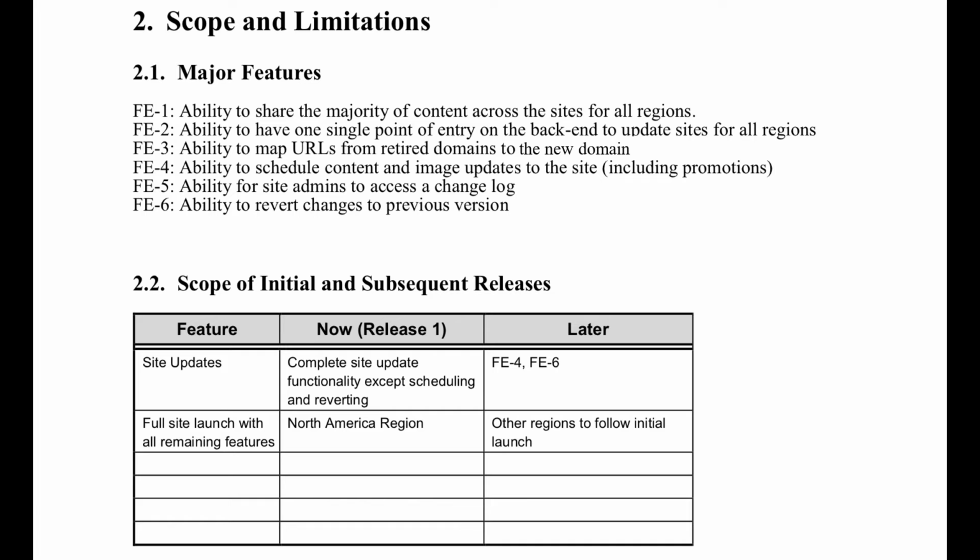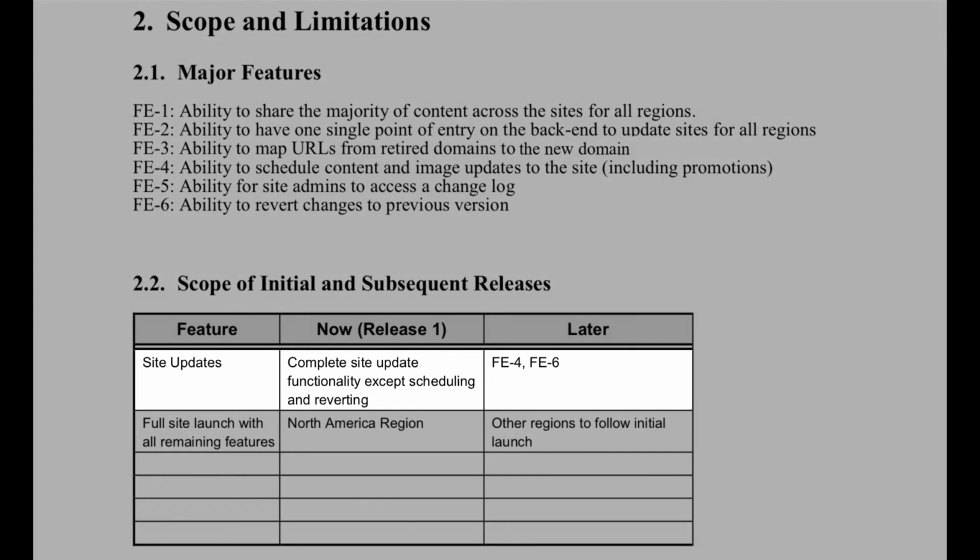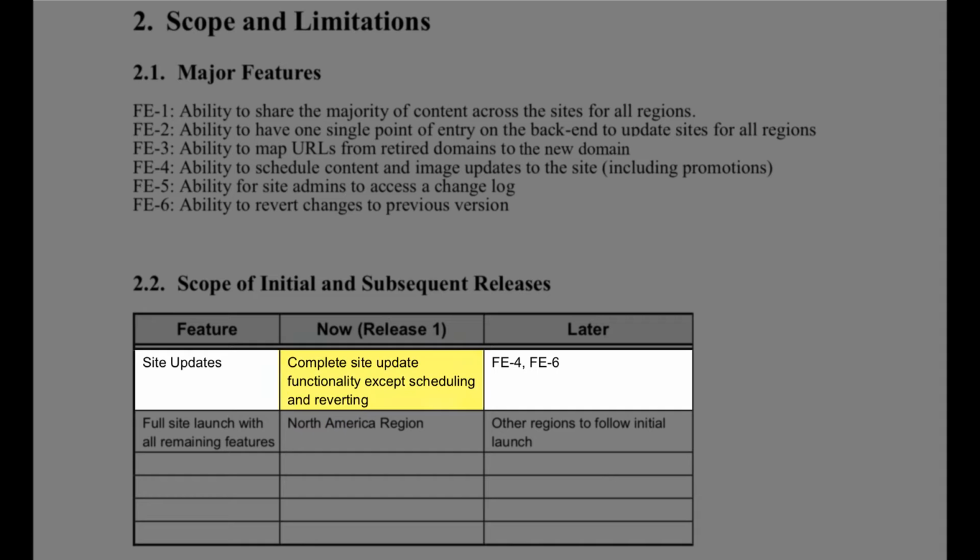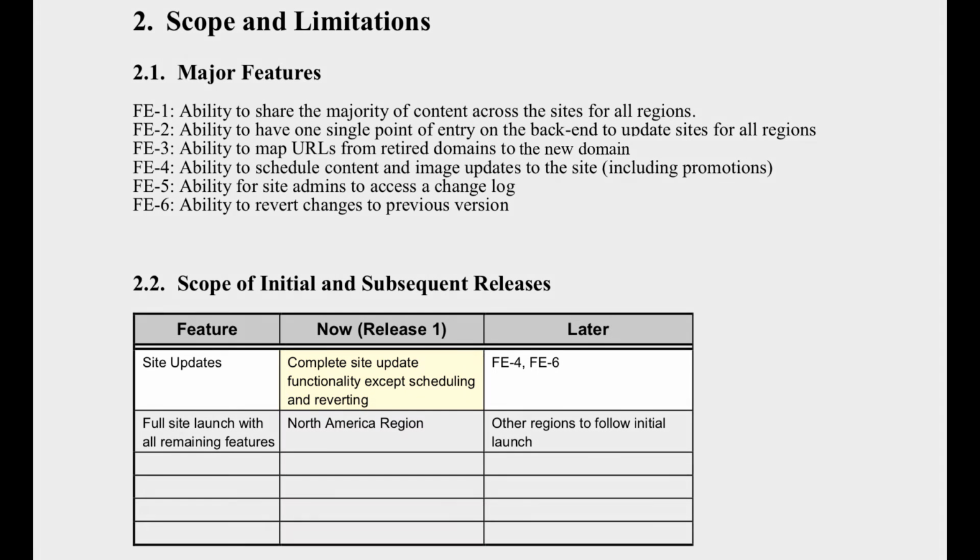now versus later. So when you look at a feature of site updates, we're saying that complete site update functionality except scheduling and reverting has to be included in release 1. And what that means is that feature 4 and feature 6 can be done later because those are the things related to scheduling changes and also reverting changes to a previous version.